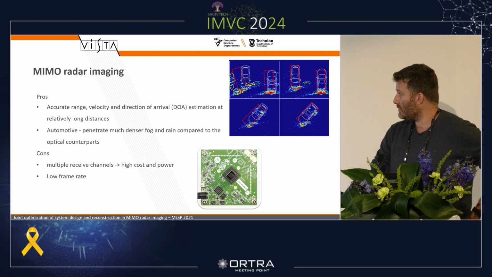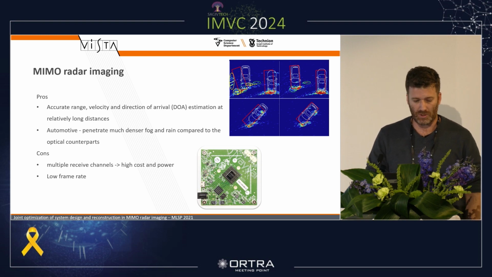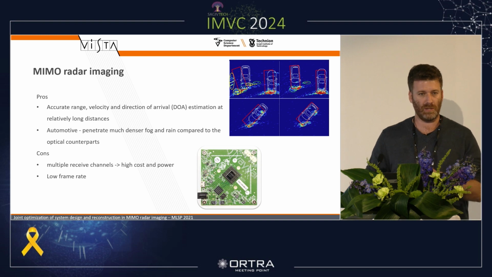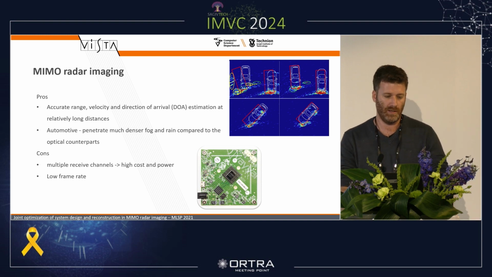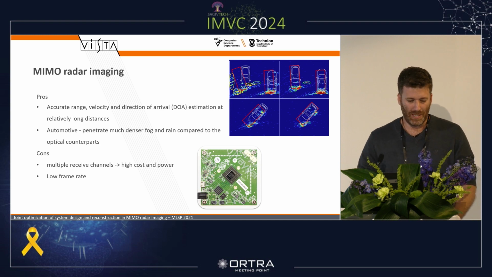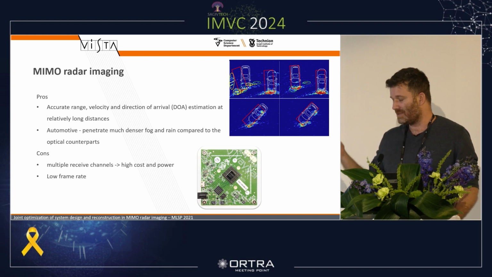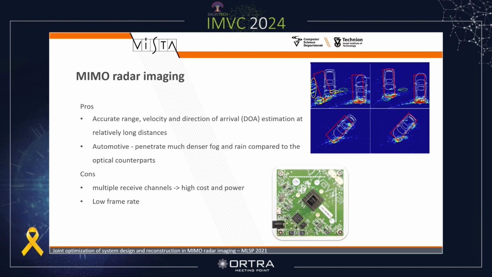Additionally, we show similar results also in a different imaging modality, which is called MIMO radar imaging, multiple input, multiple output radar. Also, it has many pros, but unfortunately, because of the high amount of received channels, it has high cost and high power demands and low frame rate.